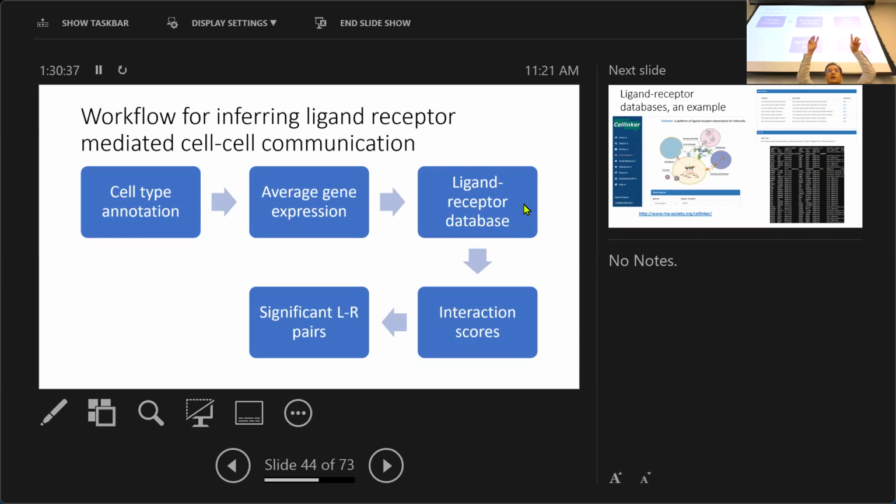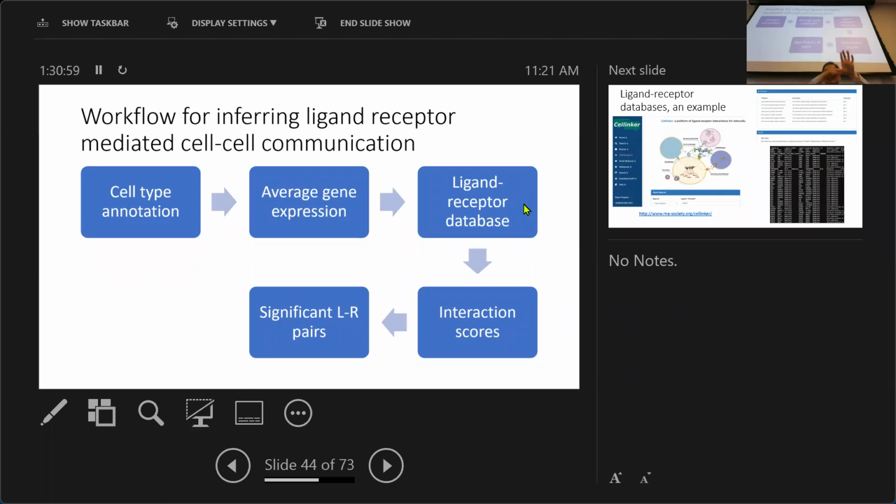Then you can take those ligand-receptor pairs out one by one and compare their expression in these two different cell types. You look at ligand expression in one cell type, and you look at its corresponding receptor gene expression in another cell type.